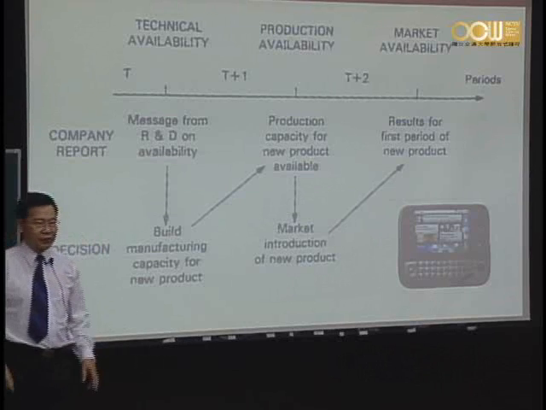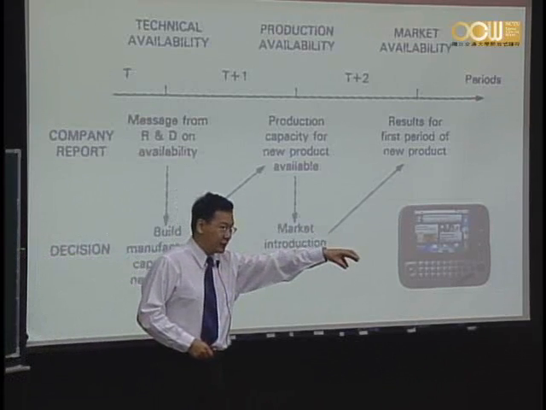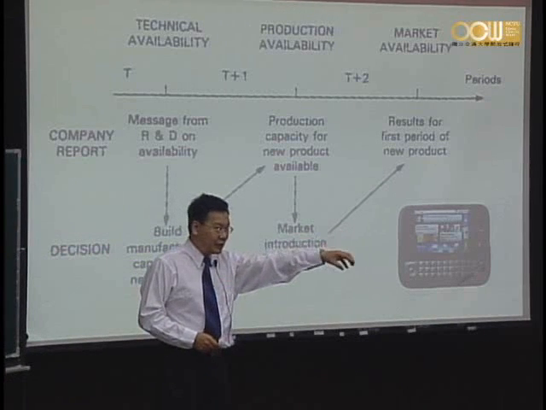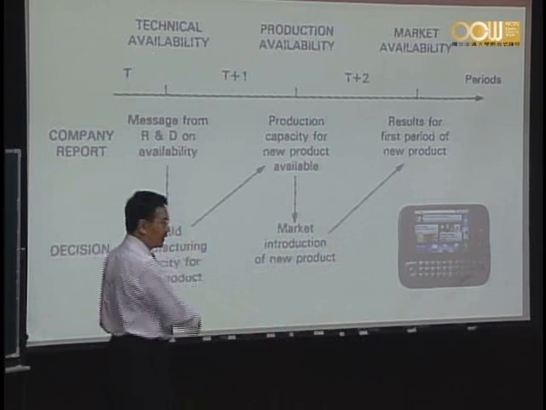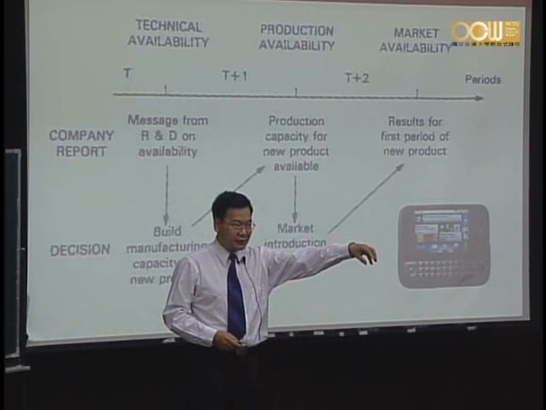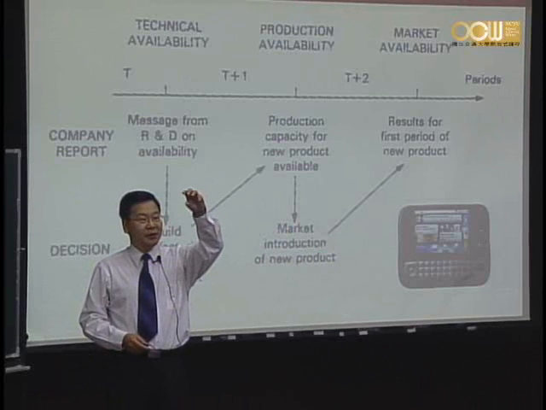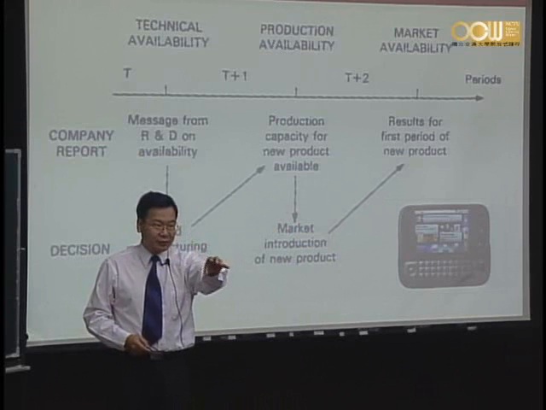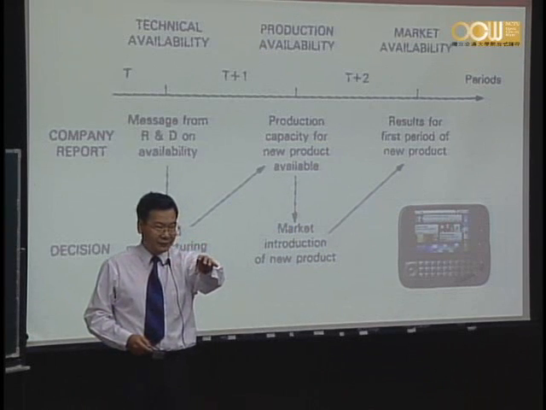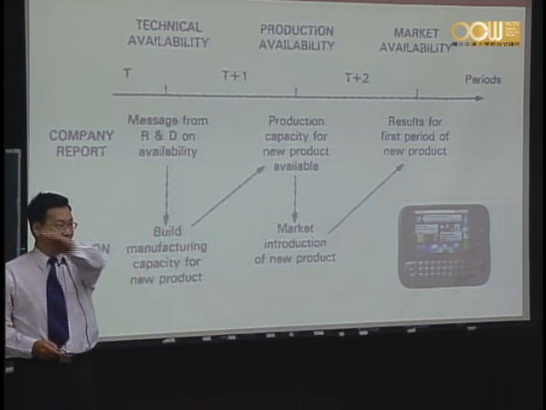So there are 2 lead times. So you have to ask R&D first and tell him that I need zone per 28. That's stage 1. Then I tell the production to please manufacture zone per 28, 5,000 units. Then available in the market, I can compete. So there are 3 lead times.